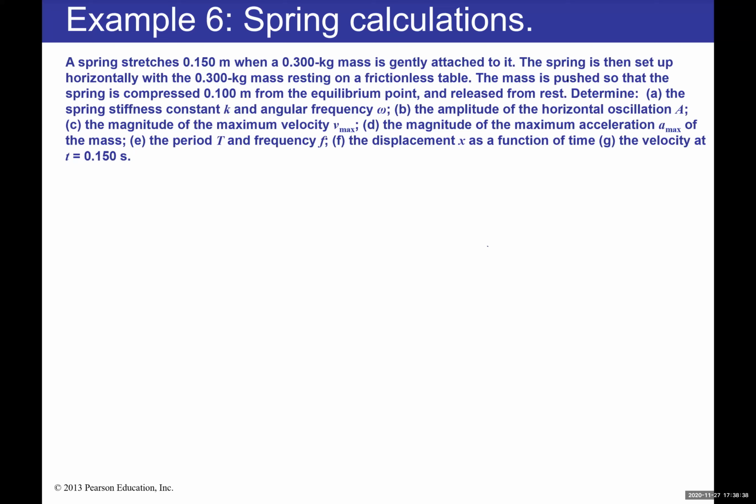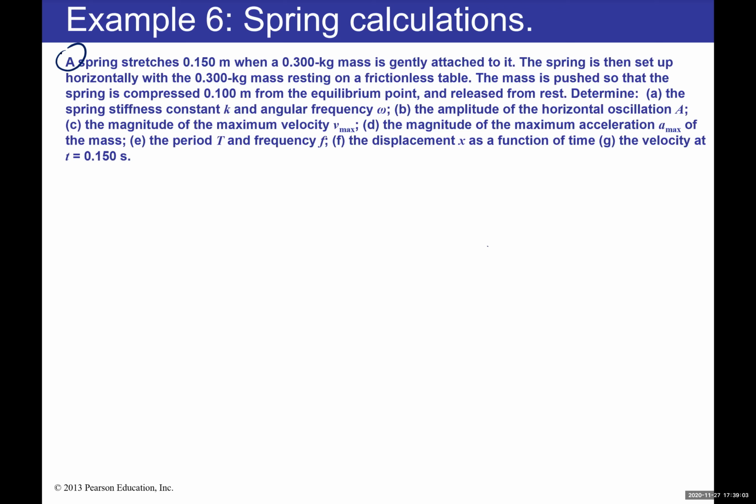The spring is then set up horizontally because first we have a spring hanging vertically with 0.3 kilograms attached, and that 0.3 kilograms stretches it to 0.15 meters. Then we take out the setup and set it up horizontally. But this first sentence is when the spring is still hanging vertically.